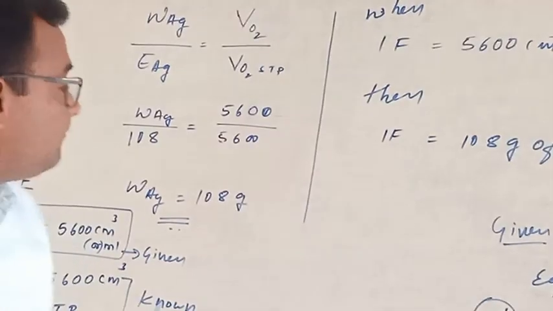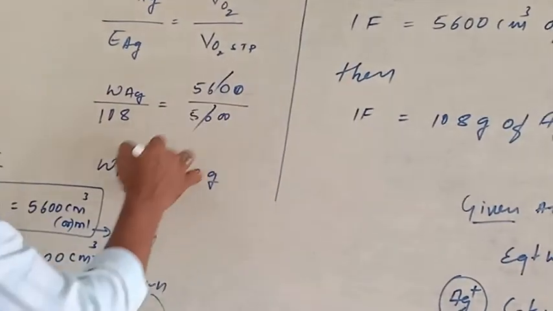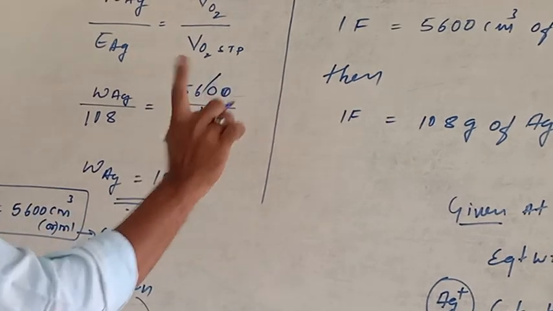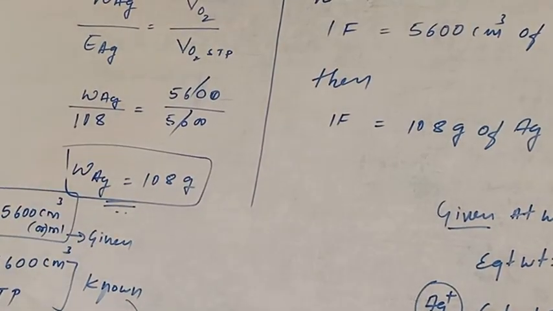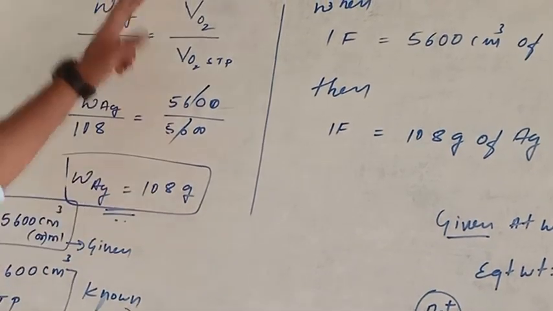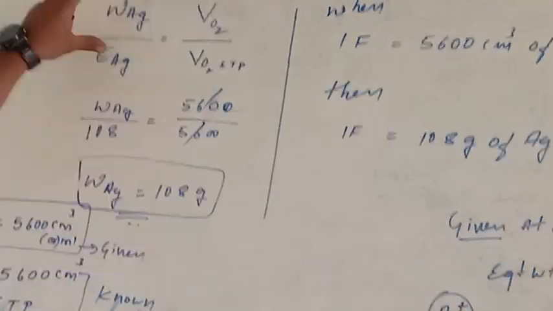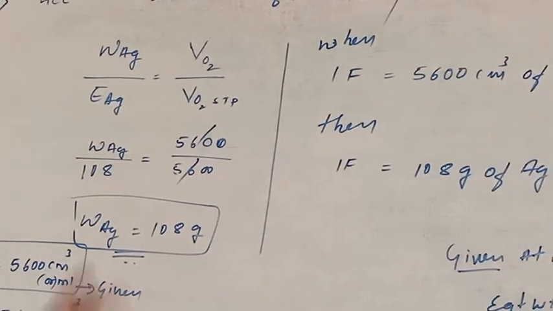Then this will get cancelled, you will get value 1, and just cross multiply: you will get 108 gram by using the second law of Faraday. Very simple formula to substitute, that's it.